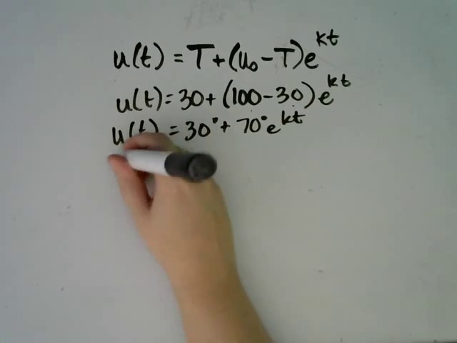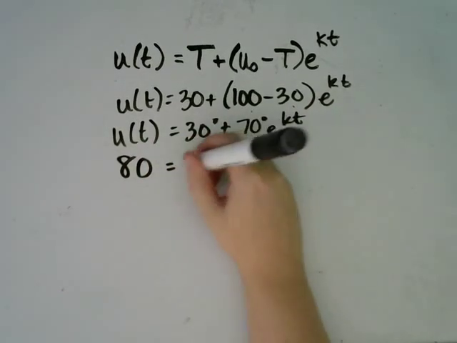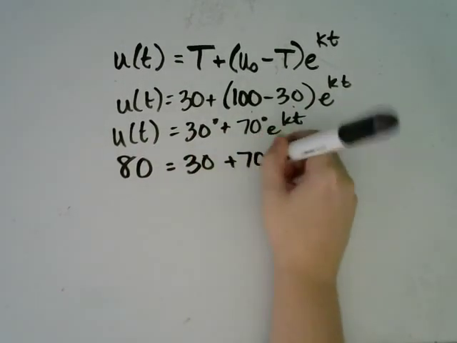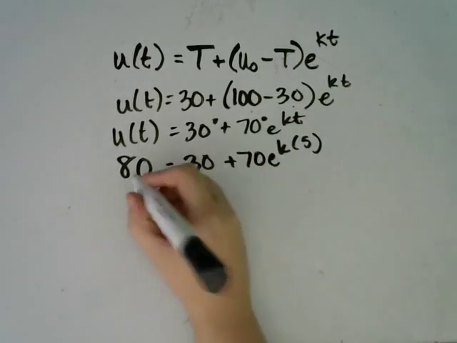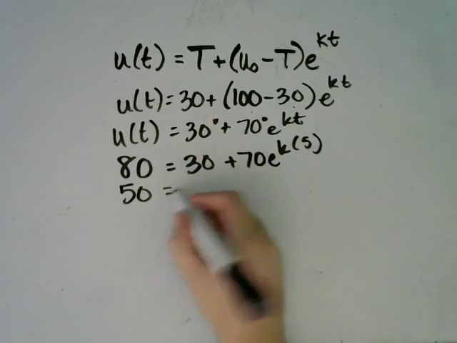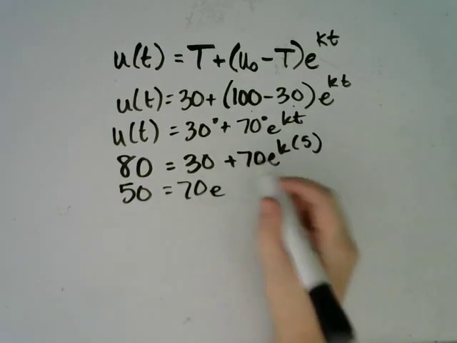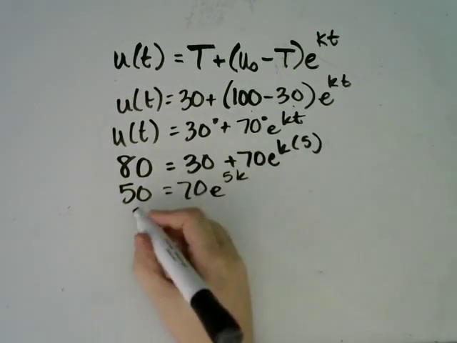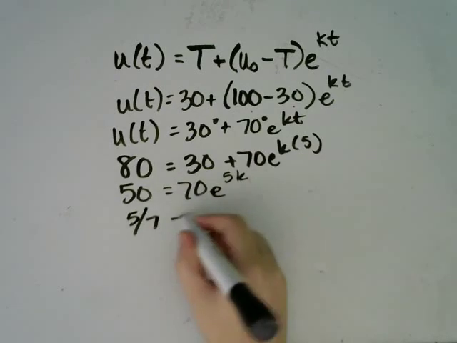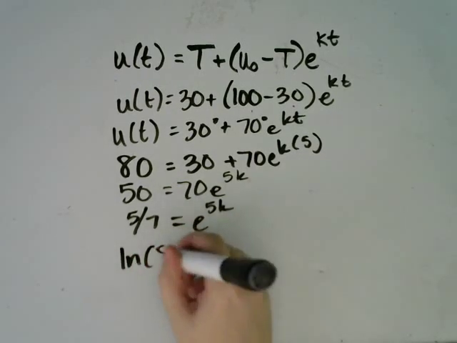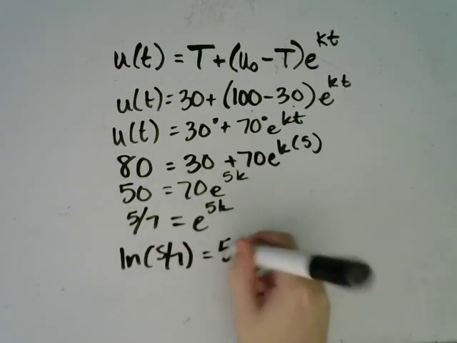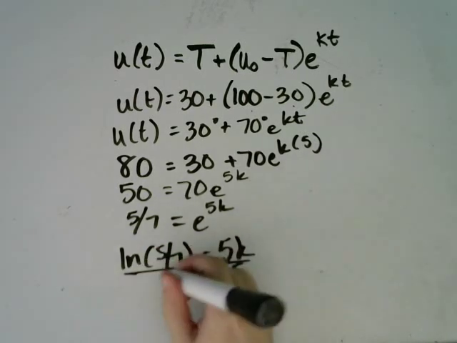So I know 80 degrees after 5 minutes, and I can solve this by first subtracting 30 from both sides, then dividing by 70, then using a logarithm, and dividing by 5.